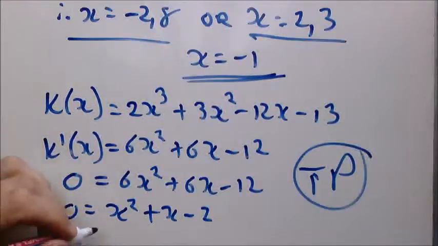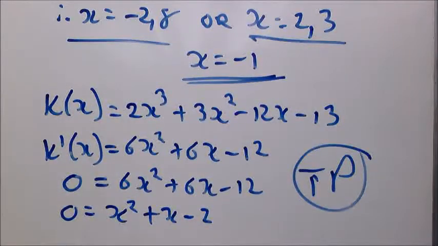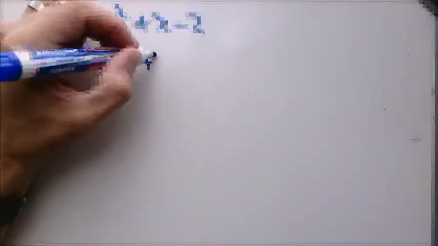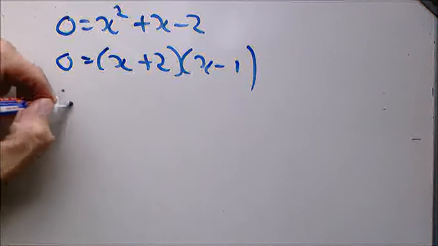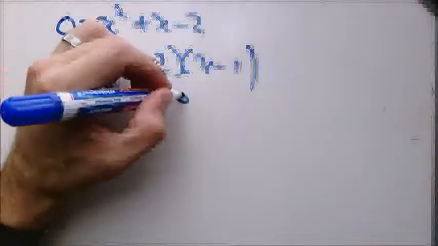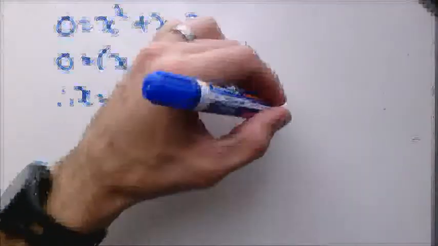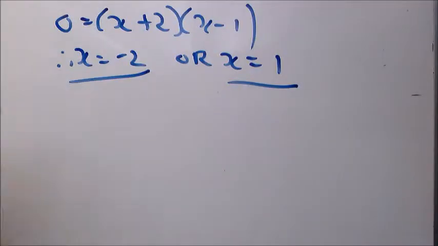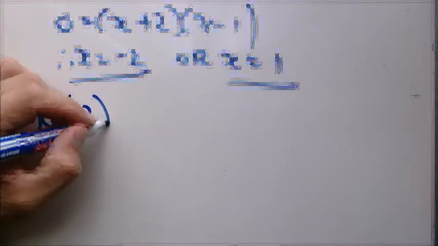And if we factorize, you will see it becomes x plus 2, x minus 1. Therefore, x equals negative 2, or x equals 1. So these are the x-coordinates for the turning points. So now we substitute these into our original equation.